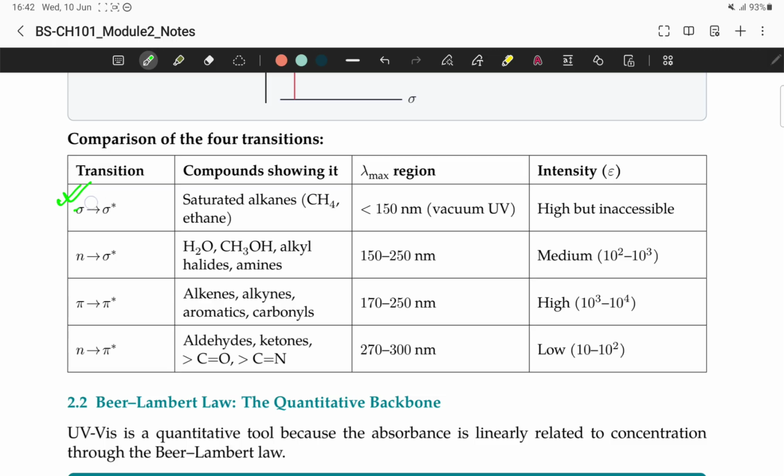It occurs in simple saturated alkanes like methane or ethane. The energy gap is so large that it absorbs below 150 nanometers. This is called the vacuum UV region because air absorbs light there. I am writing it.